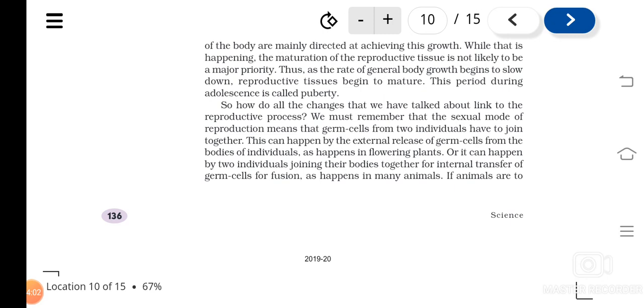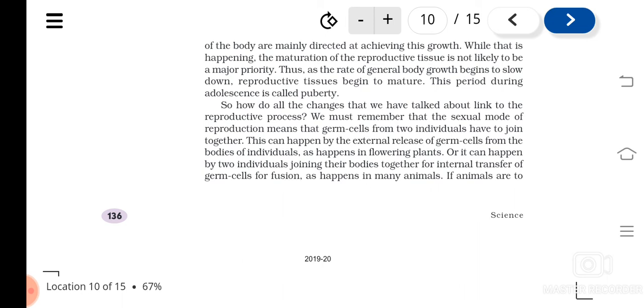How are these factors related to sexual maturity? There should be organs that are able to transfer the sperms to the body of the female. This happens if the sex organs are well developed.